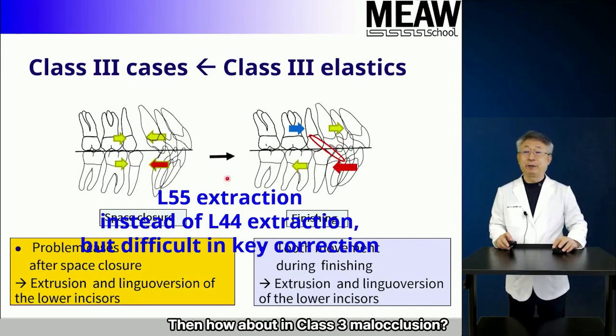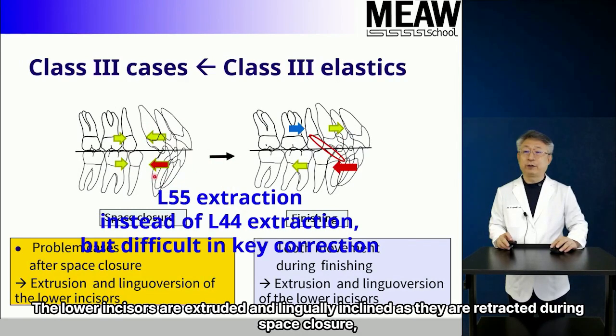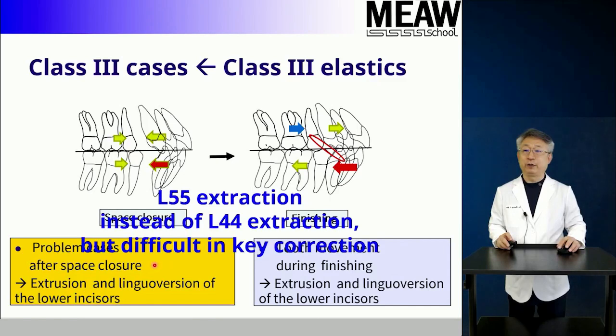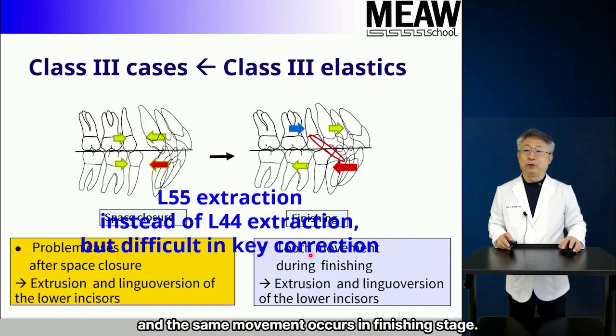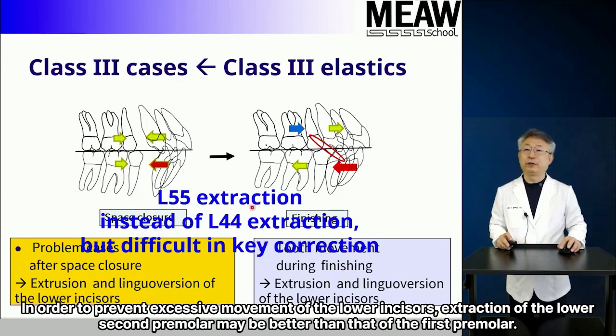Then how about in Class 3 malocclusion? The lower incisors are extruded and lingually inclined as they are retracted during space closure. And the same movement occurs in finishing stage. In order to prevent excessive movement of the lower incisors, extraction of the lower second premolar may be better than that of the first premolar.